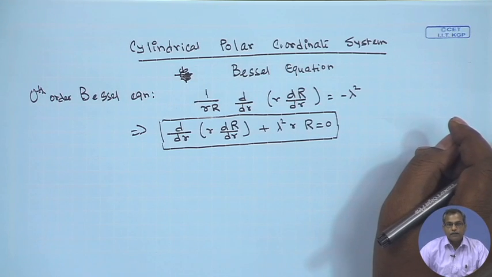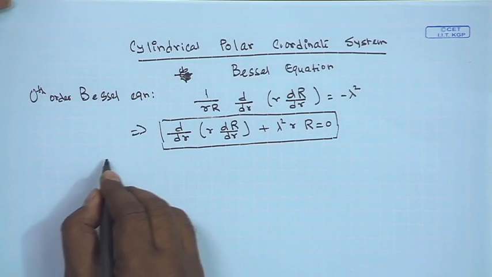So, we will start with the 0th order Bessel equation; the Bessel functions are orthogonal to each other. In fact, that is true, and later on we will be generalizing it, that Bessel functions of any order are orthogonal to each other.